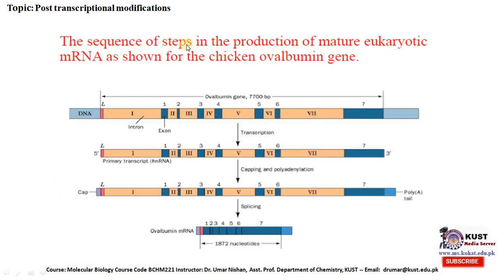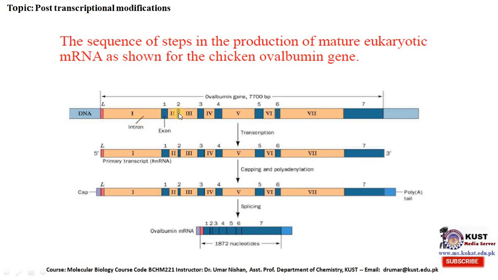The sequence of steps in the production of mature eukaryotic messenger RNA is shown for the chicken ovalbumin gene. Here you see the ovalbumin gene with 7700 base pairs. You see here is the one intron, here is the exon.